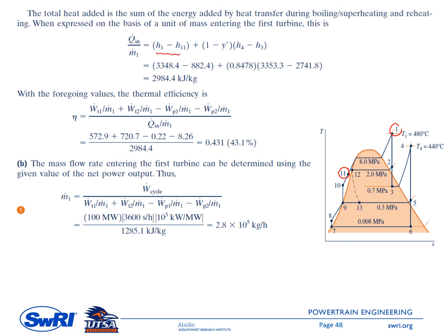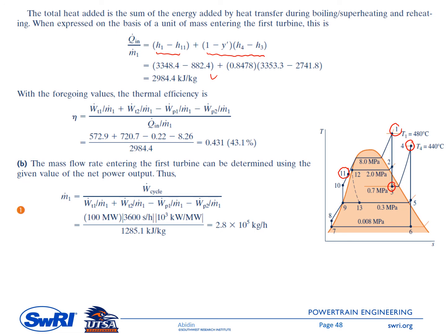And the second Q in is required by the reheater to reheat the working fluid from state number 3 to state number 4. We have this one. By plugging in all the numbers and using your calculator, you will get the total Q in is 2984.4 kilojoule per kilogram.